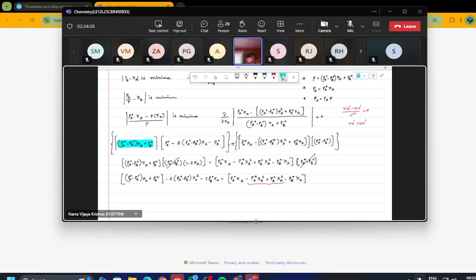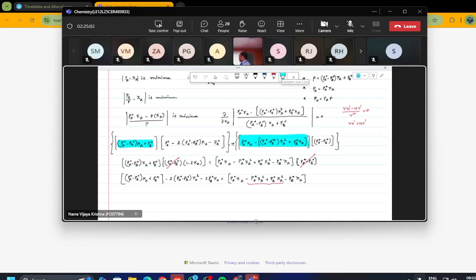I have taken the numerator, the U value, as it is, into differentiation of the denominator. Differentiation of XA is 1. PB naught into constant, differentiation of a constant is 0. So the PB naught term vanished.